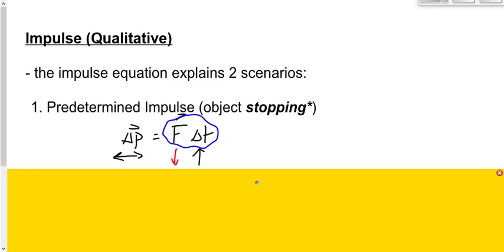It's designed to increase the stopping time to decrease the force. Now, I mentioned this briefly the other day. Does anybody remember what the other thing is for certain impact cushioning devices, like say a football helmet or a hockey helmet?